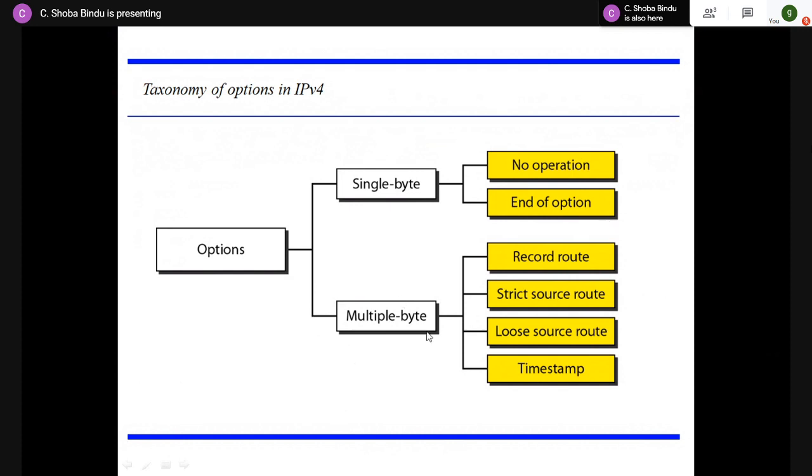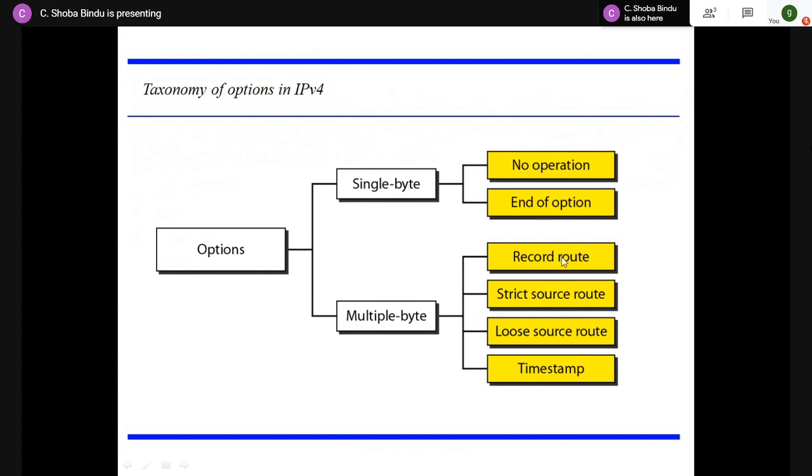Among the remaining options, there are four multiple byte options. First, the record route option. When it is set, at every intermediate node it records the address of that particular node which it has visited. That will be recorded into the option field.